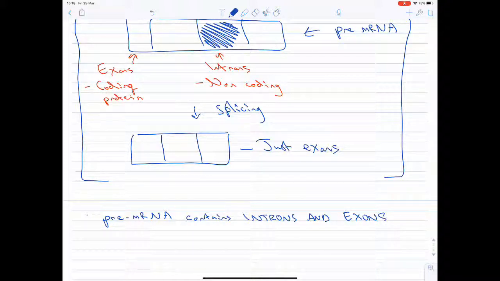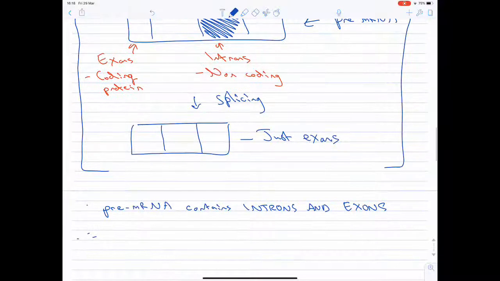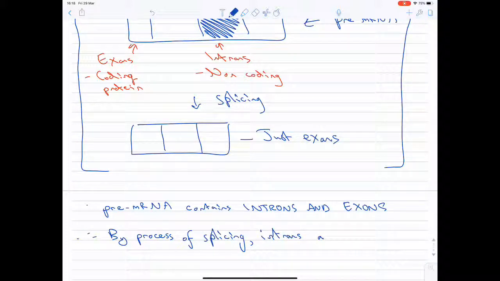Exons. So therefore, by process of splicing, exons, or I should say introns, are removed.